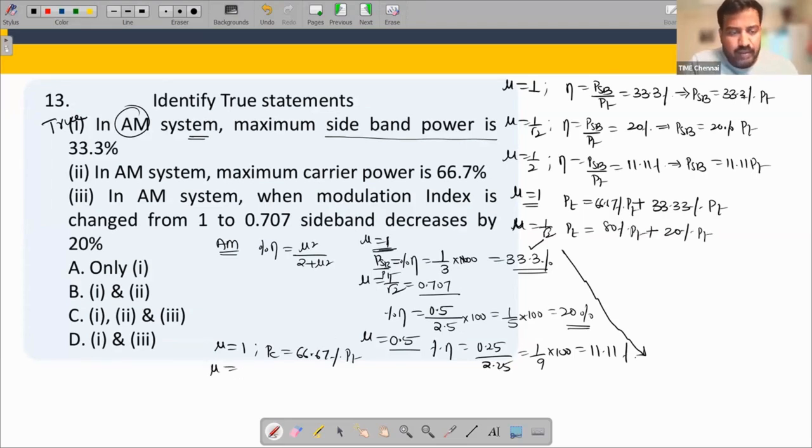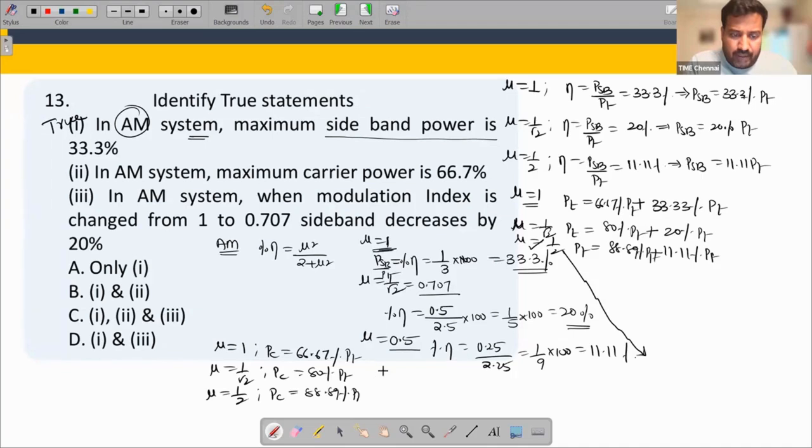So when mu is 1 by root 2, carrier power is 80% of total power. Similarly, when mu is 1 by 2, sideband power is 11.11% of total power. This will become 88.89% of total power. Therefore, when mu is 1 by 2, carrier power is 88.89% of total power.